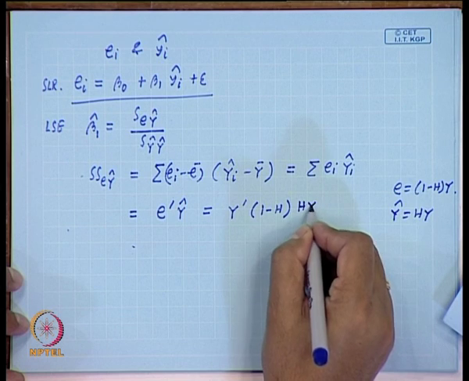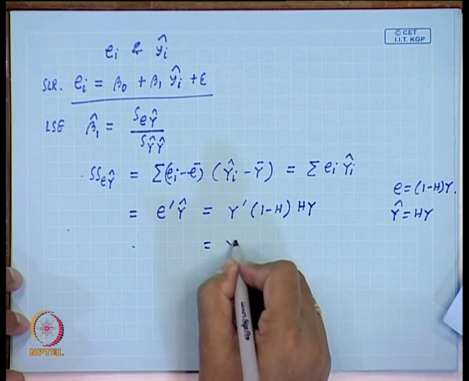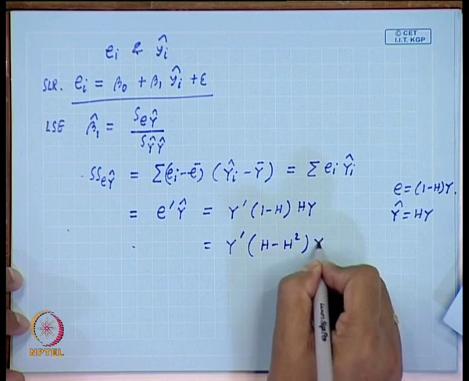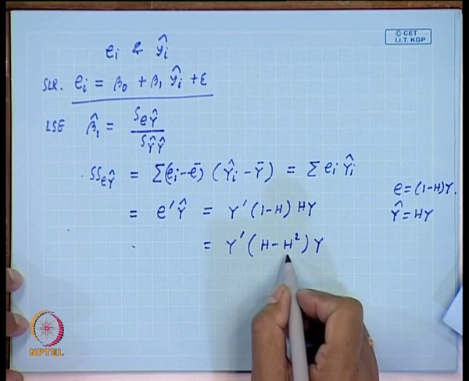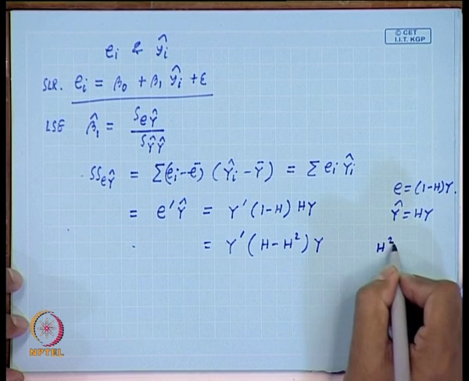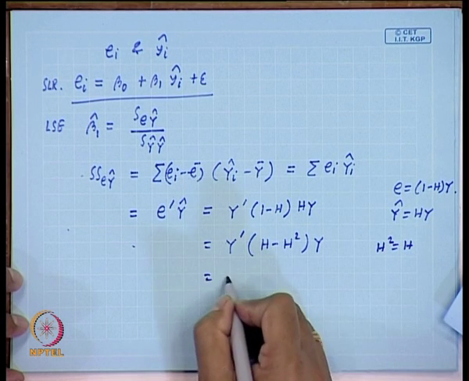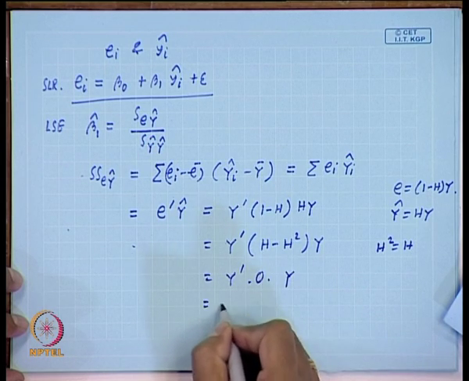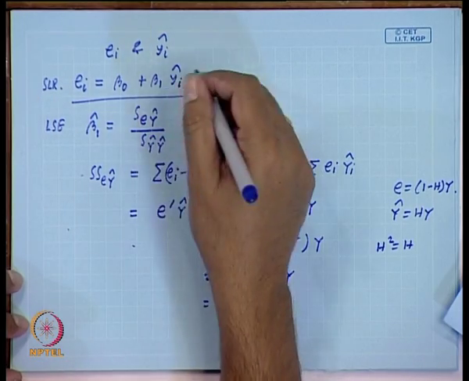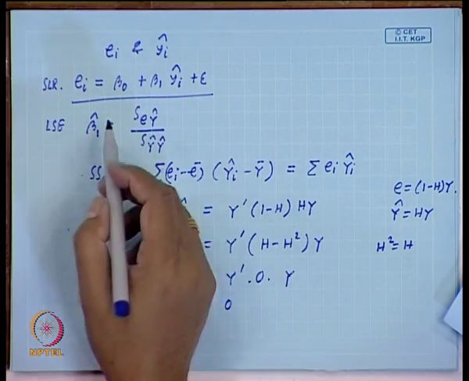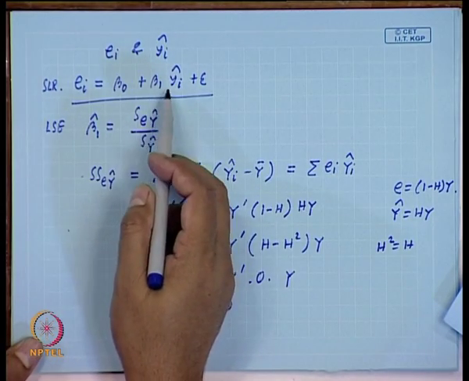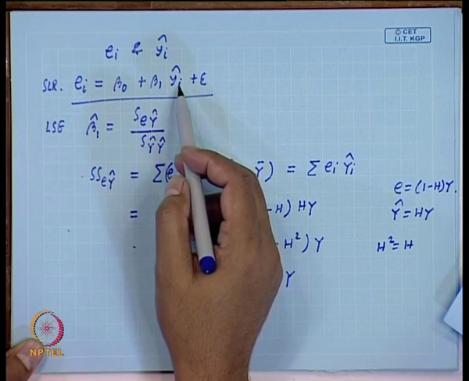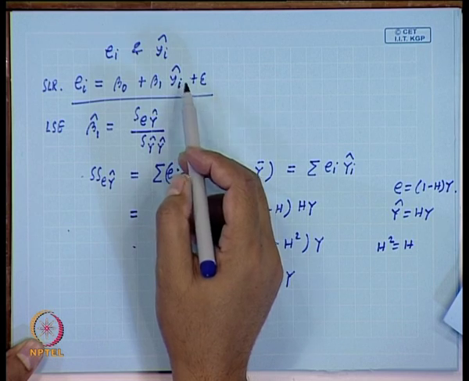So, y prime H minus H square into y. Now, H is an idempotent matrix, so H square is going to be equal to H. So, this is y prime 0 y, which is equal to 0. So, this proves that there is no linear relationship between the residual and the fitted values.